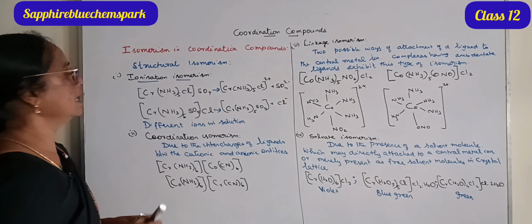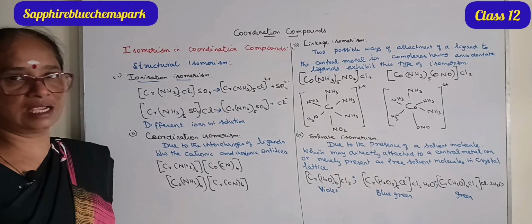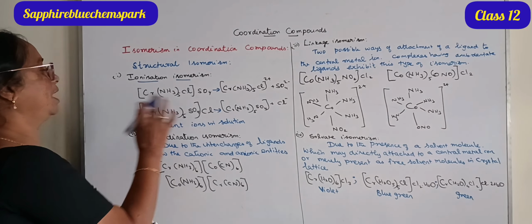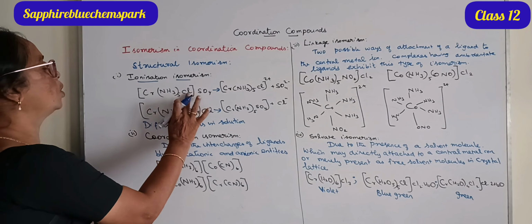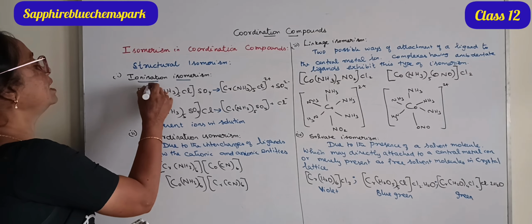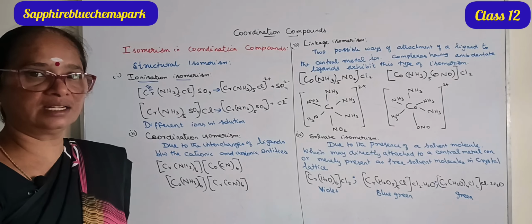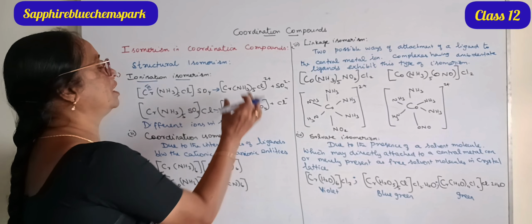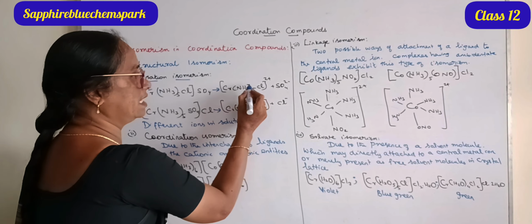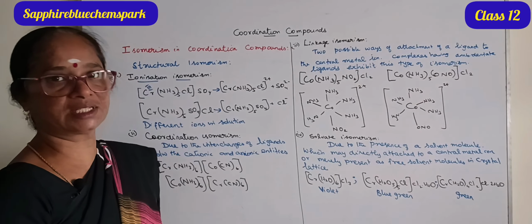So, let us take an example of ionization isomerism. Here I have taken pentaamminechloridochromium(III) sulfate. When this complex is taken in solution, it splits into this coordination entity along with the sulfate ion.